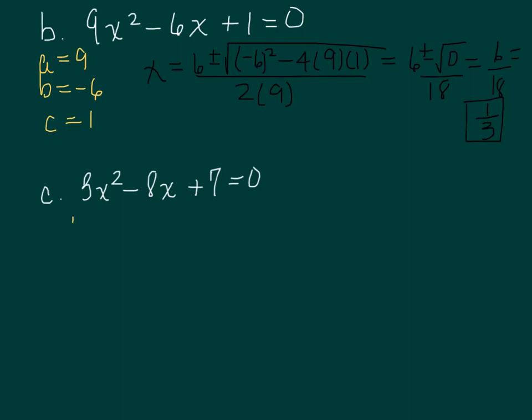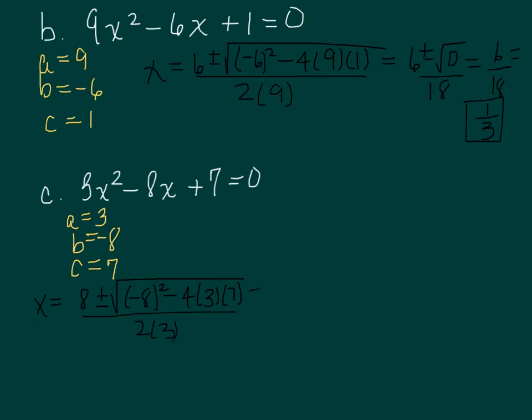And then C, A is 3, B is -8, and C is 7. Apply the formula. B is negative again, so it becomes positive. Make sure you put b squared in parentheses, all over 2a. Then you simplify what's under the radical. You're going to end up with 64 minus 84, which is -20, over 6.